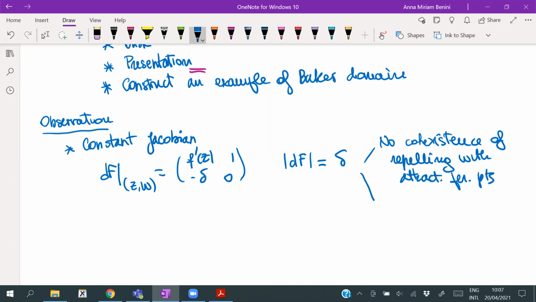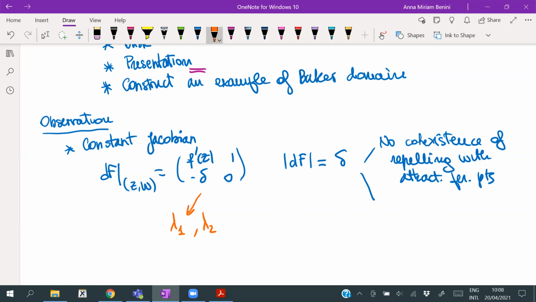And another thing which is really interesting is that this differential has two eigenvalues, okay? And the product of these two eigenvalues is delta. So what this is telling you is that if one direction is very expanding, so one of these two eigenvalues is very large in modulus, then the other one needs to be very small.